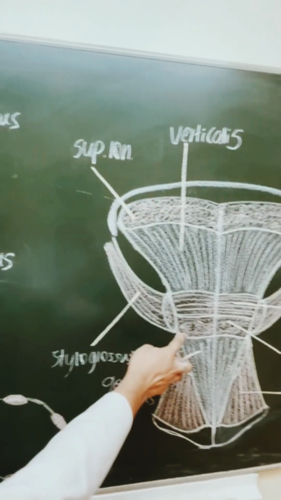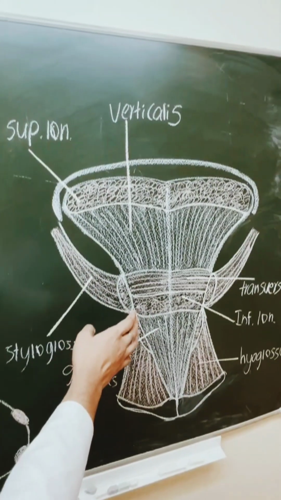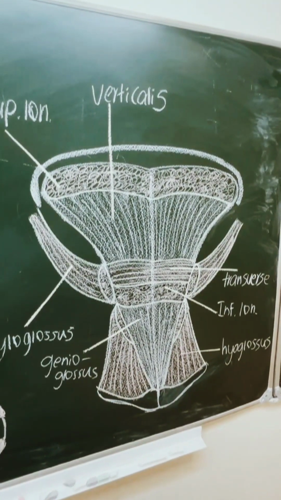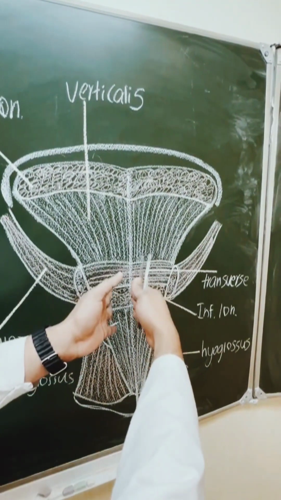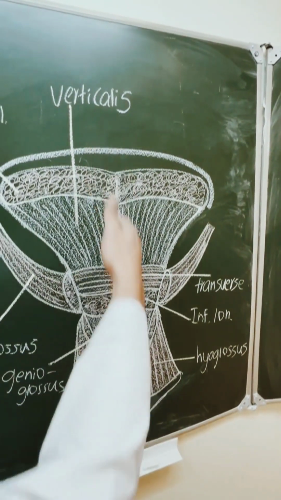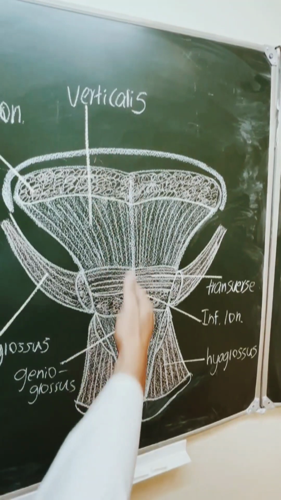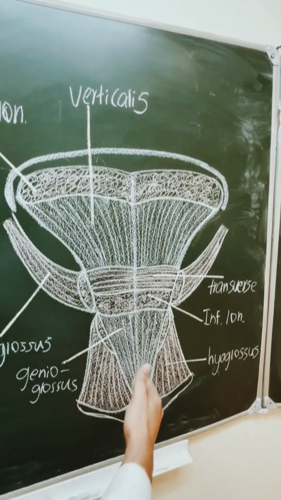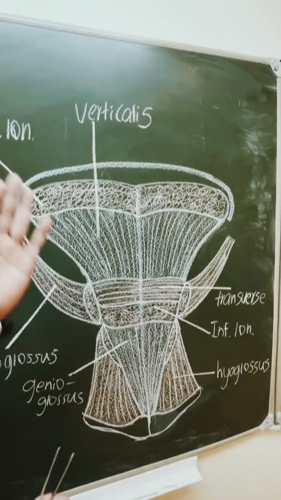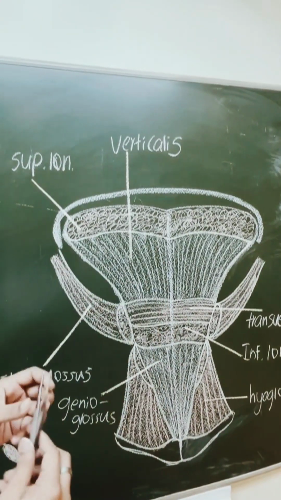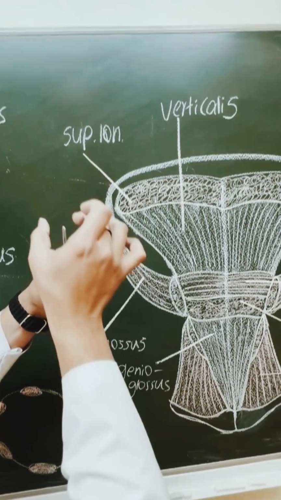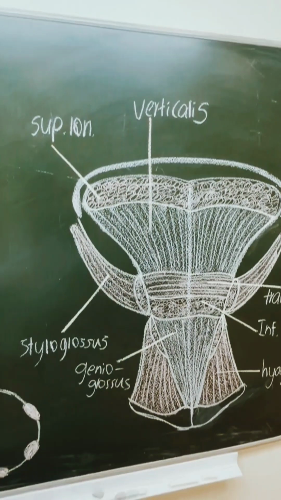And the superior and inferior longitudinal muscles originate from the lesser horn of the hyoid bone, and they pass parallel on either side of the septum. The tongue is a parallel organ divided into two halves by the median septum. If you see from above, with this as the septum, these two muscles go on either side of it, parallel to the septum, all the way to the tip of the tongue.